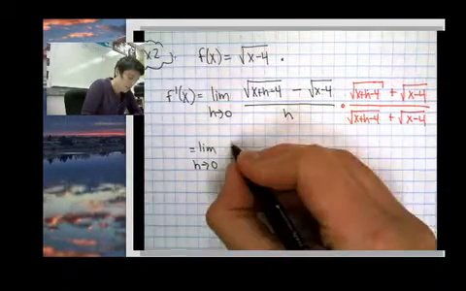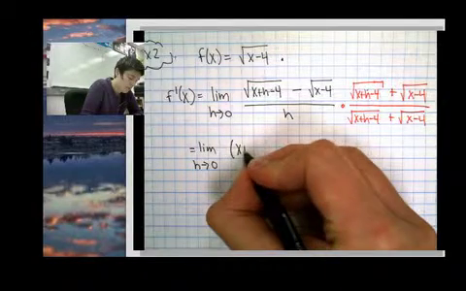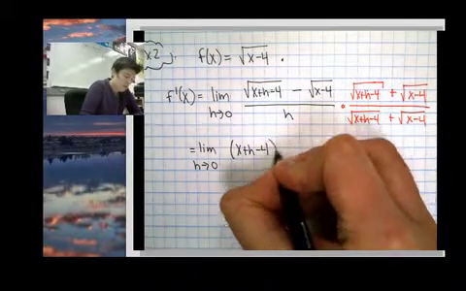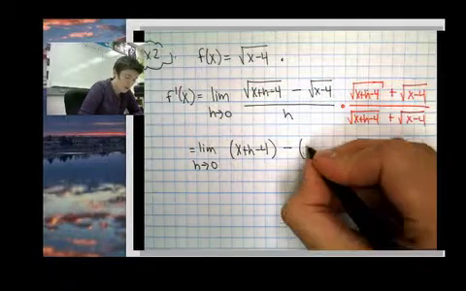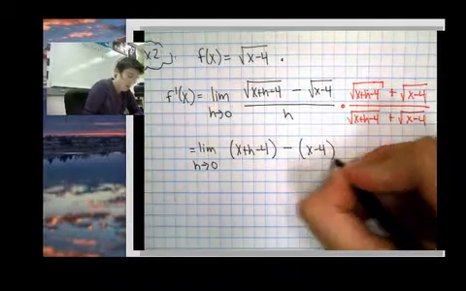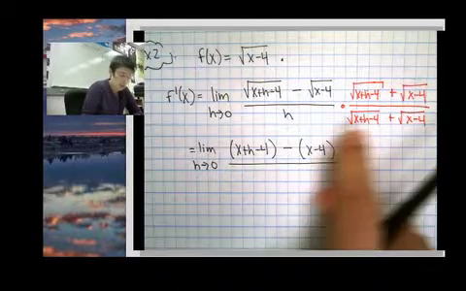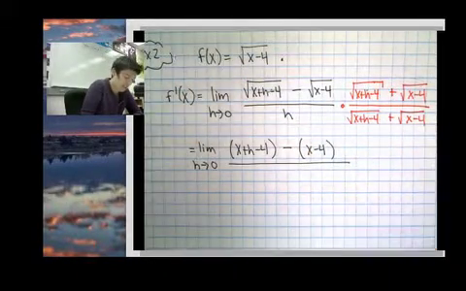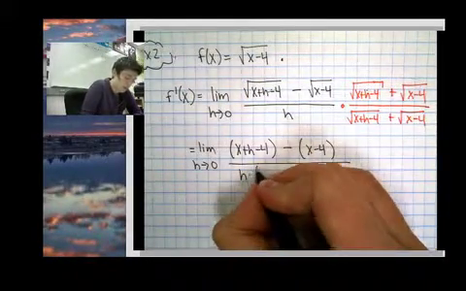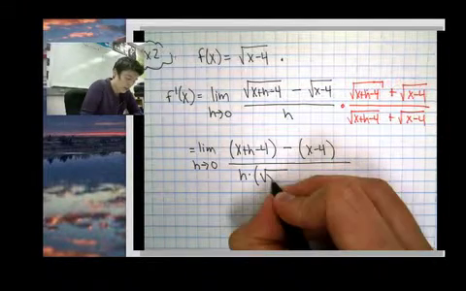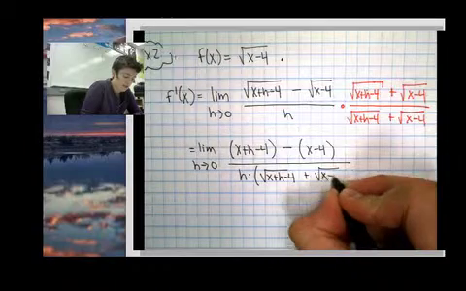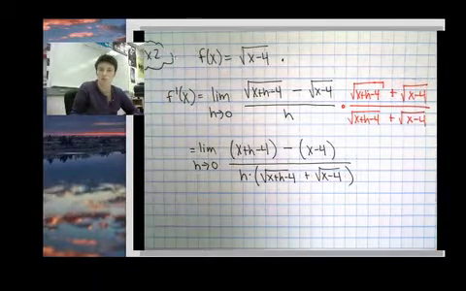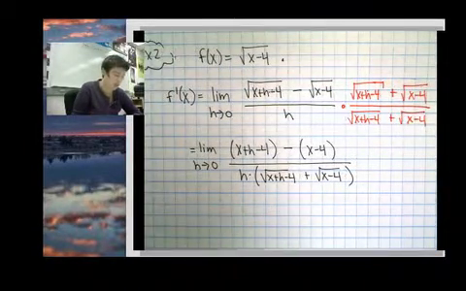So now we're going to have a quantity x plus h minus 4 minus a quantity, and then when you multiply these, they drop, so x minus 4, all over h times all this stuff. I always leave it as h times parenthesis, all this junk. So square root x plus h minus 4 plus square root x minus 4. You could multiply the h in, but there's no need. I'm going to leave it be.